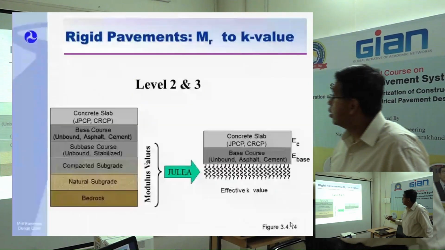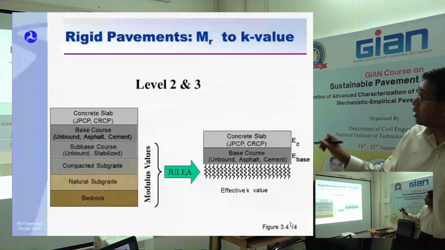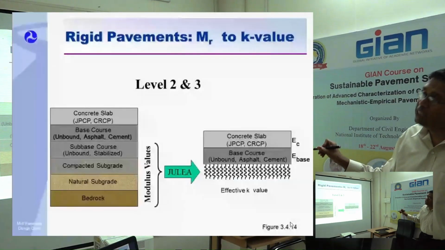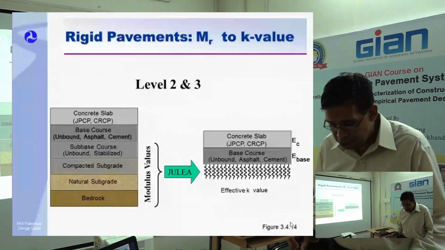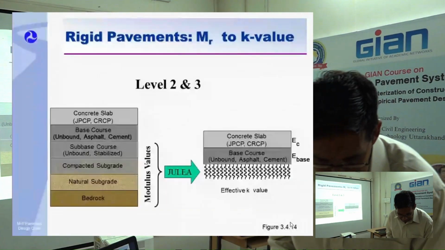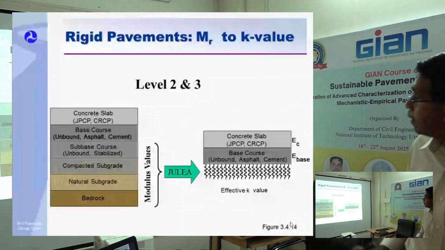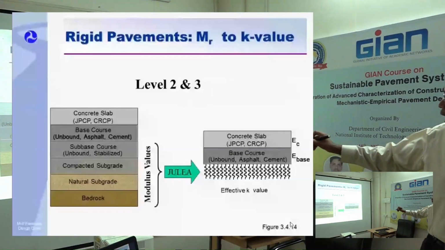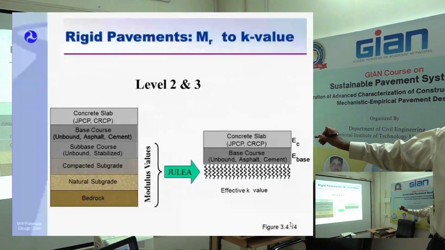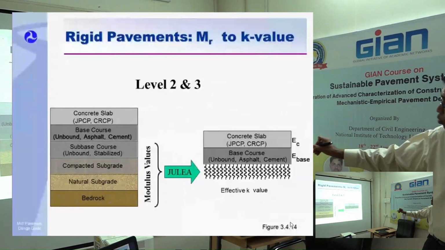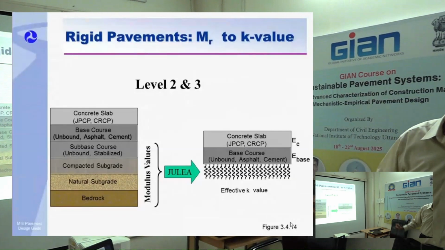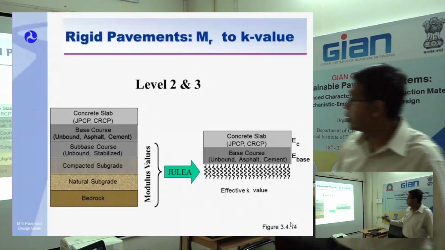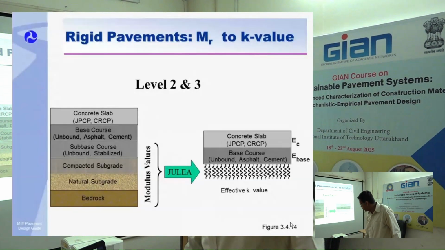This is level 2 and JULEA or Jacob Uzan linear elastic analysis. Jacob Uzan is a researcher from Israel, from Technion University, a brilliant man in modeling. And right here you have a Winkler foundation. You saw the springs that I drew, right? So you have to get the K value, E of the base, and then the concrete. So simple concept.